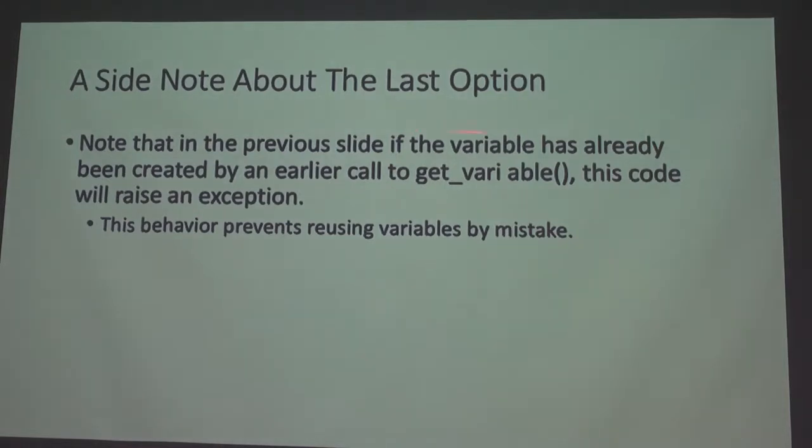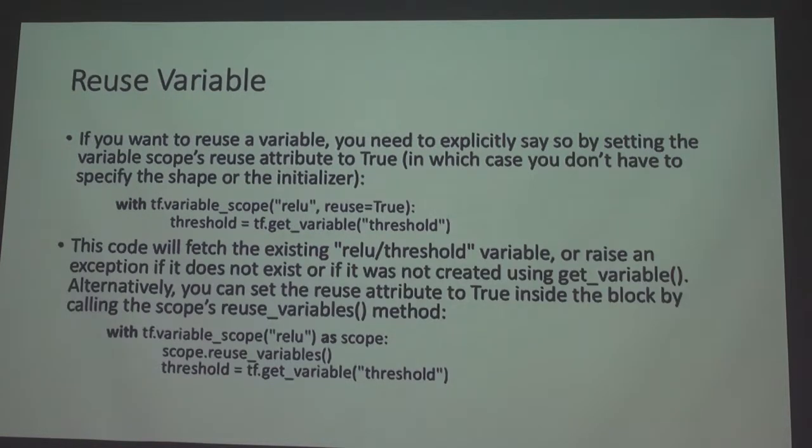Now for this last option in the previous slide, if the variable has already been created by an earlier call to get_variable, the code will raise an exception. This behavior is actually a good thing, because it prevents reusing a variable by mistake.